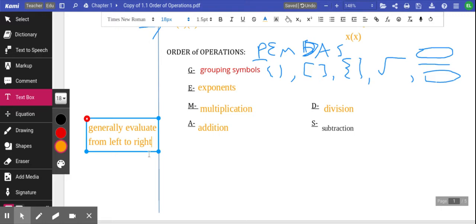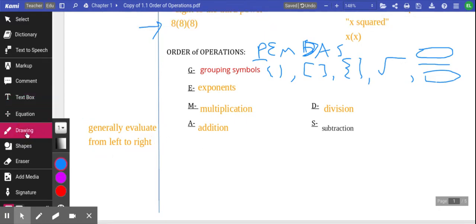So just as you read a sentence, sometimes we simplify a mathematical expression from left to right. So for example, I might say, if I had the expression 5 minus 3 plus 2, I would actually perform the subtraction first.